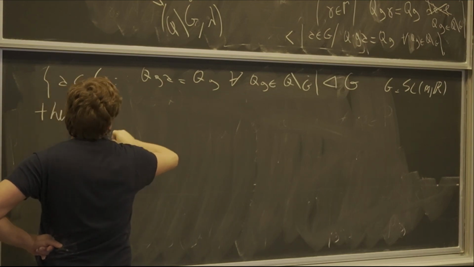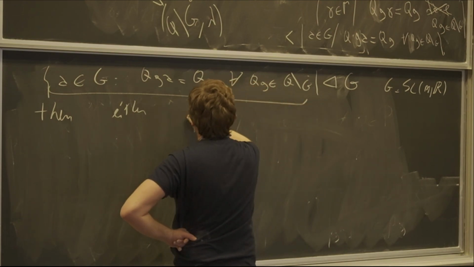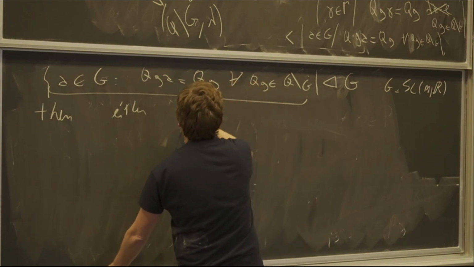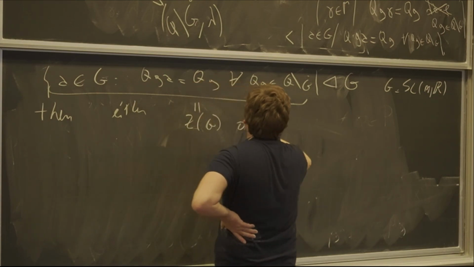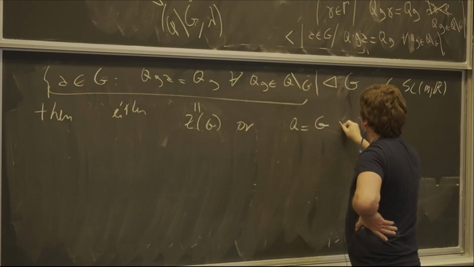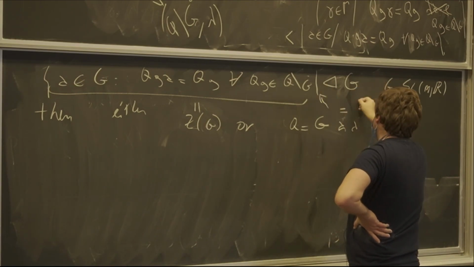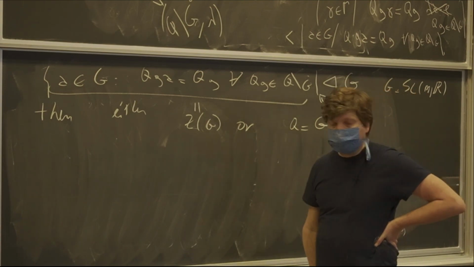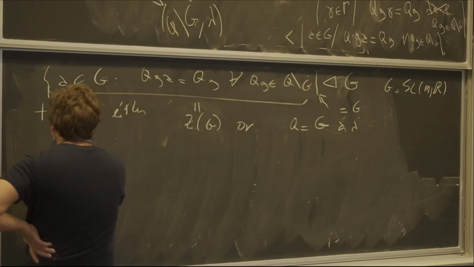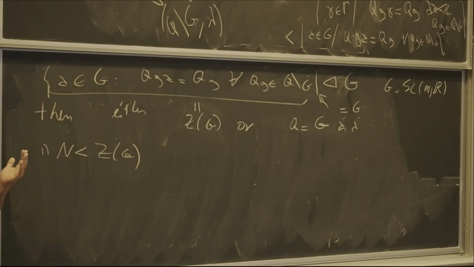Then either this is inside the center of G, actually equal to the center of G, or Q equals G. Now, in the first situation, I get N is inside Z of G. That's what I wanted.